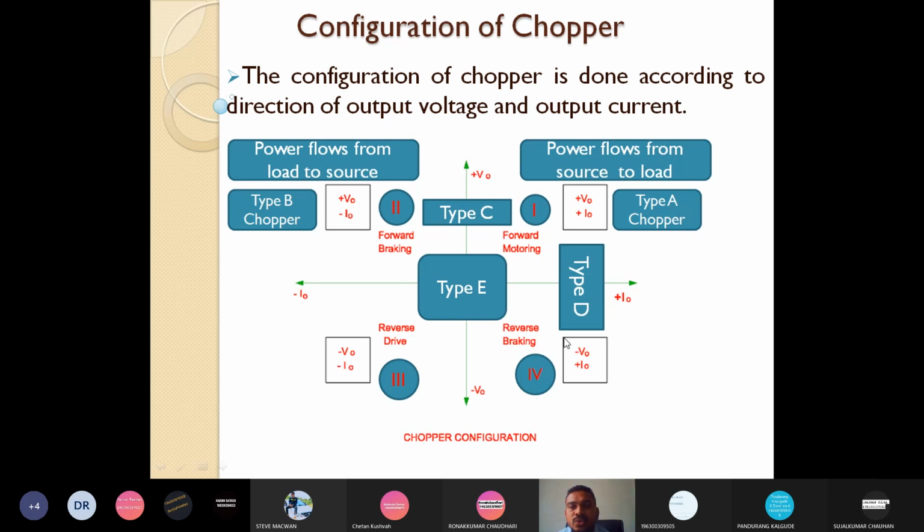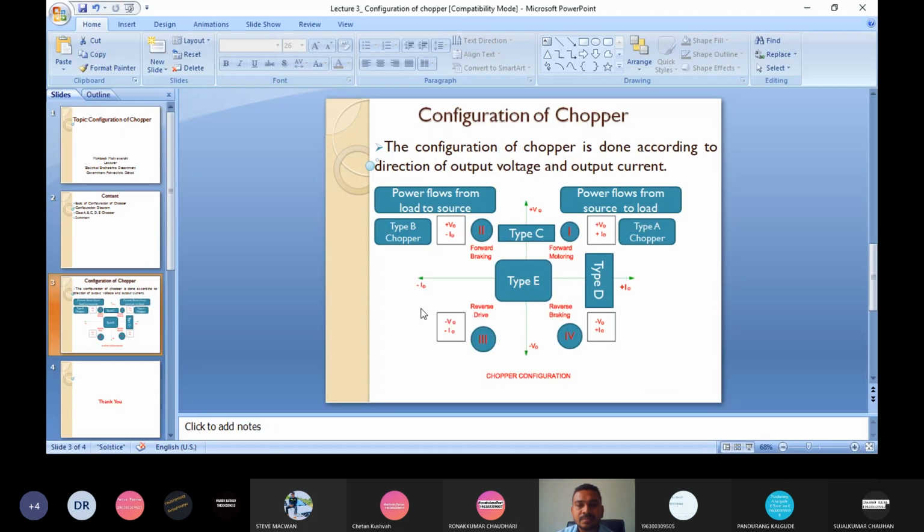Then type D chopper is also known as the two quadrant chopper, and it operates in the first quadrant as well as in the fourth quadrant. Whereas the type E chopper operates in all four quadrants. That's why it is known as the four quadrant chopper. So this is the configuration of chopper that is done based on the direction of output voltage and output current.